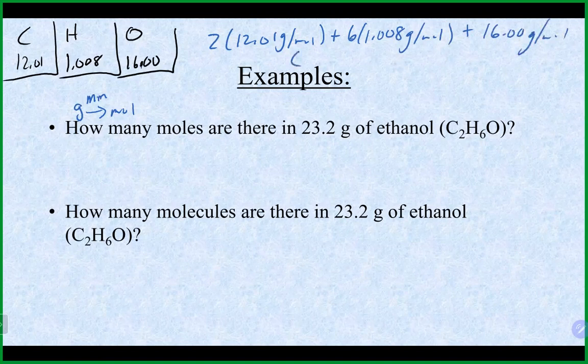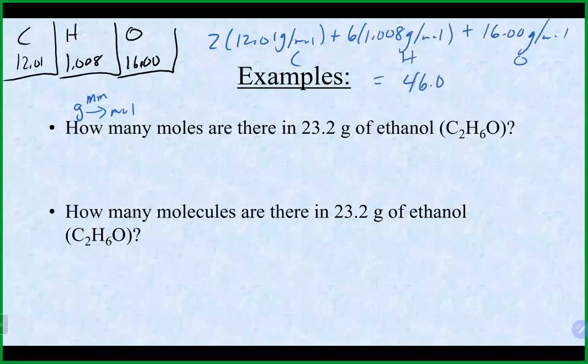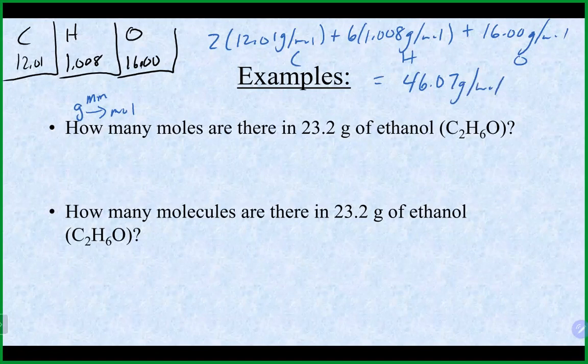So this is our carbons, our hydrogens, and our oxygens. And if we do all that correctly, let's see. Looks like 46.07 grams per mole here. Remember, this is really our conversion factor.